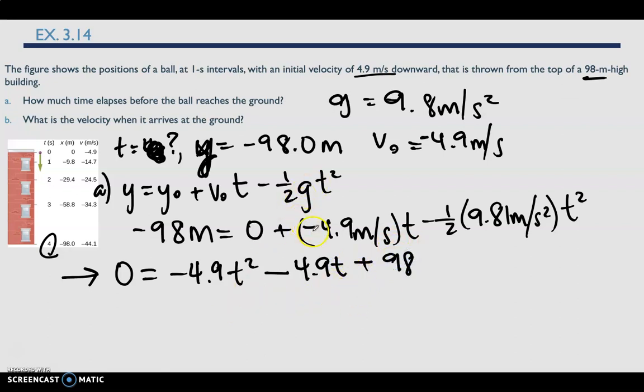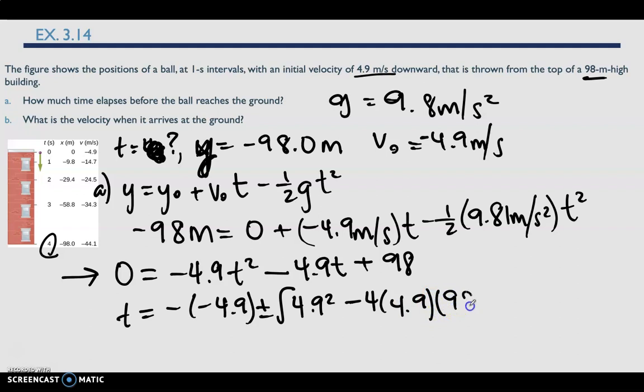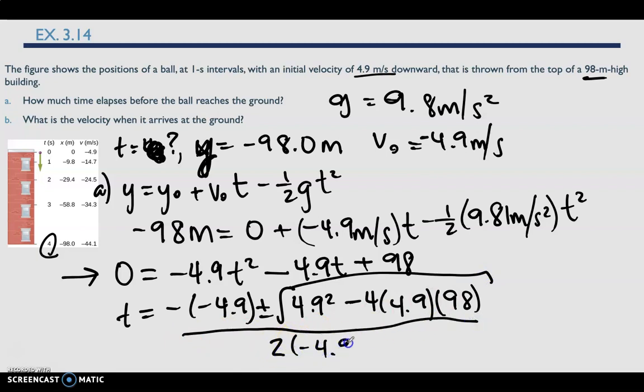Now we're going to use the quadratic formula in order to solve this. So t equals negative the b, which is negative 4.9, plus or minus the square root of b squared, which is going to be 4.9 squared, minus 4 times a, which is 4.9, times 98, divided by 2 times negative 4.9.